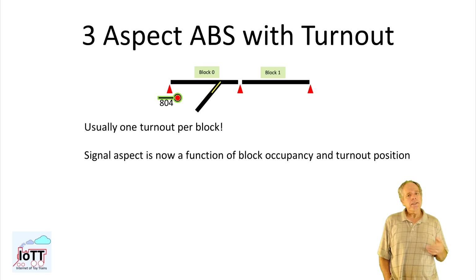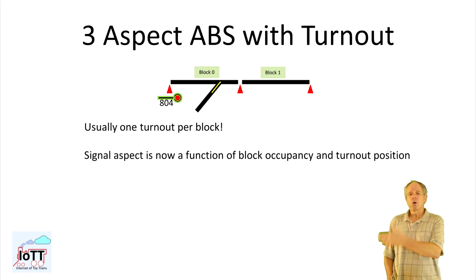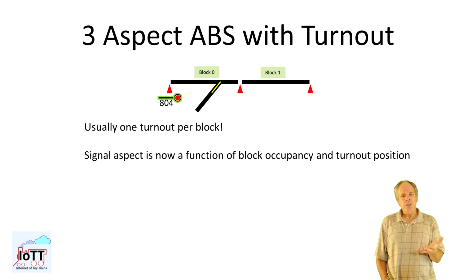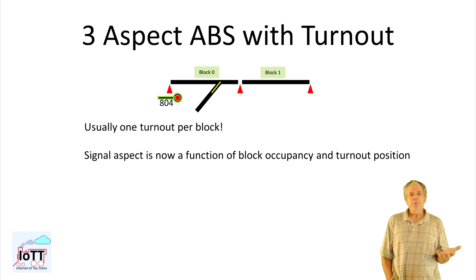If the signal is at the rear end of the turnout, again the turnout position has an impact on the signal setting. If it is pointed to the other track, the signal needs to show stop, and the previous signal should show slow. Otherwise we can proceed, and the indicated aspect depends on the turnout position and the occupancy status of the next 2 blocks as usual.